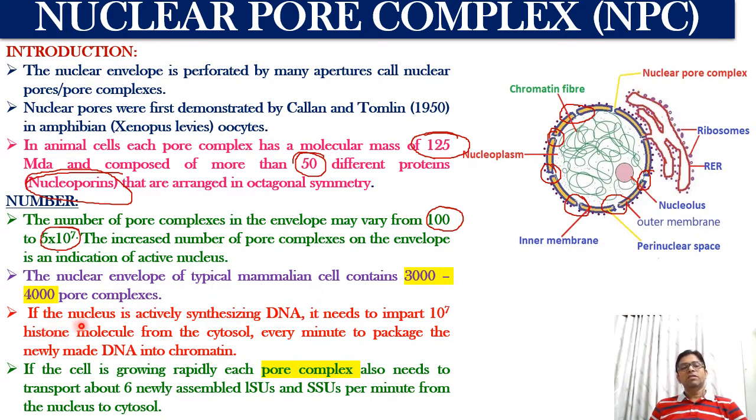If the nucleus is actively synthesizing DNA, it needs to import 10 to the power of 7 histone molecules from the cytosol every minute to pack the newly synthesized DNA into chromatin.